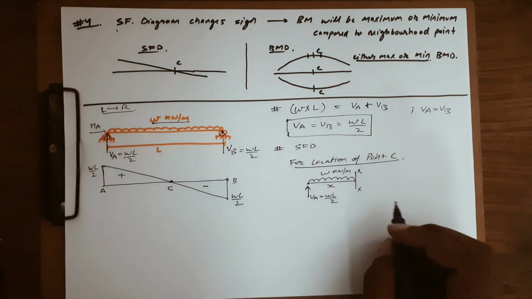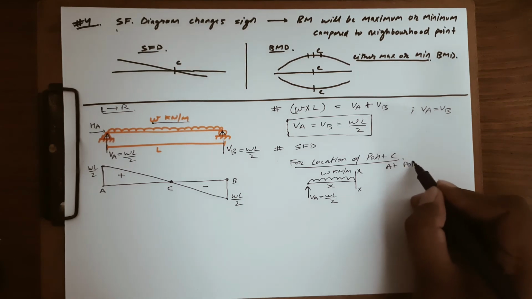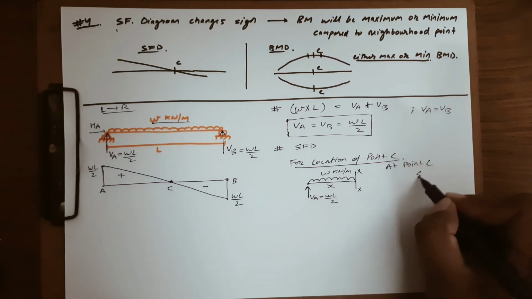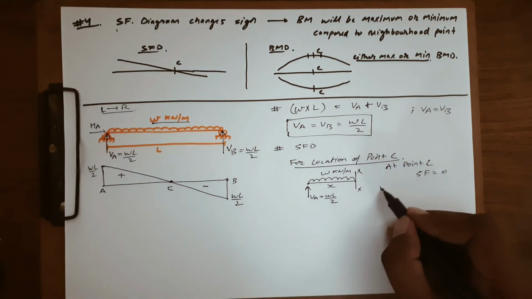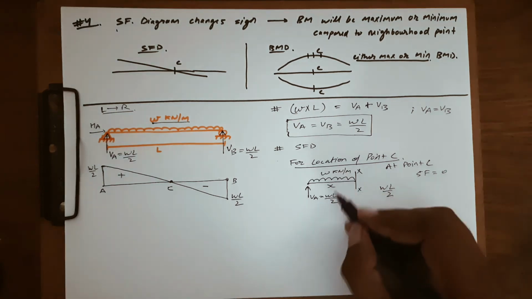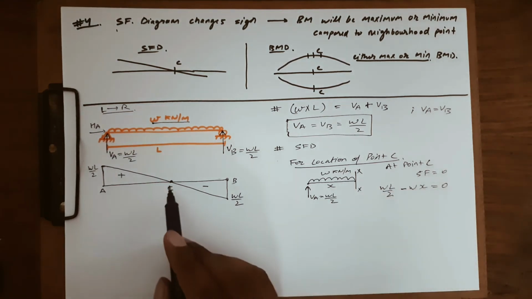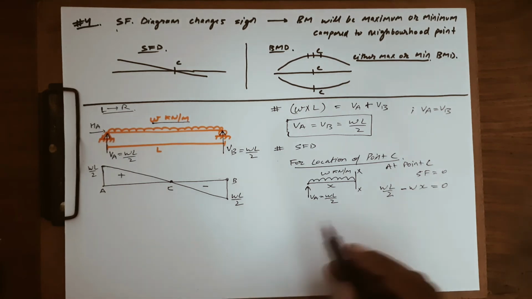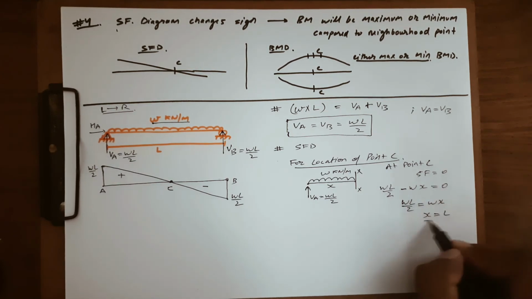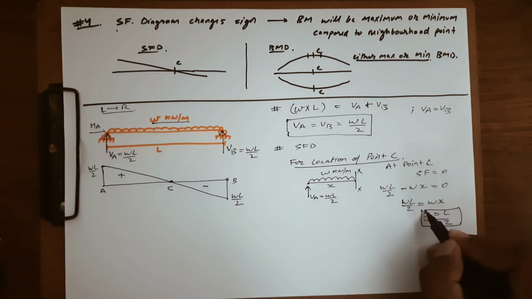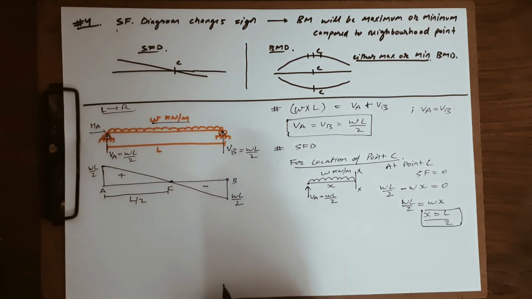At point C the shear force is equal to 0. So upward positive WL by 2, and then the downward force minus WX is equal to 0, because at point C the shear force is 0. Using this we get WL by 2 equals WX, which means x is equal to L by 2. So we get the location of C as L by 2.